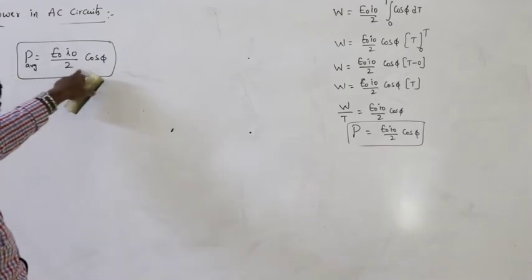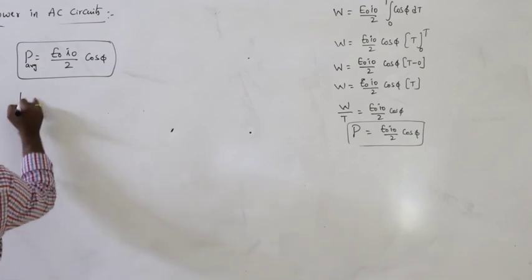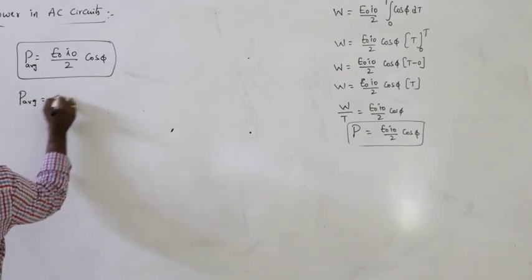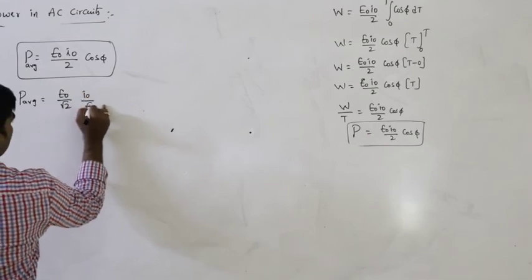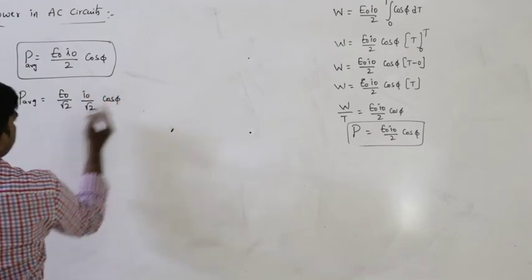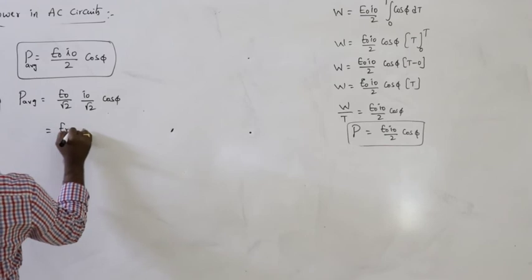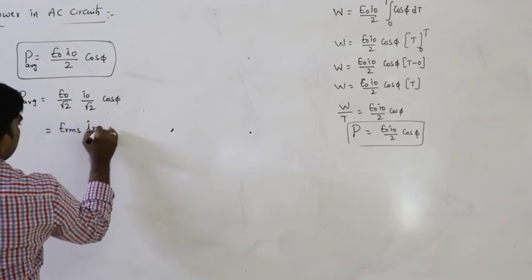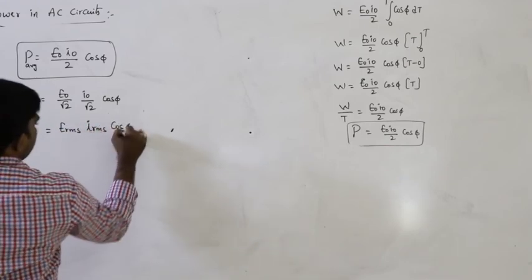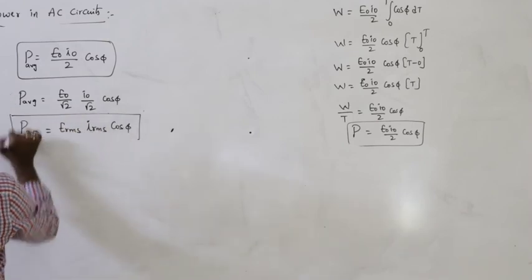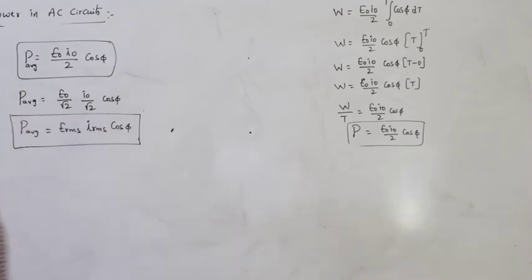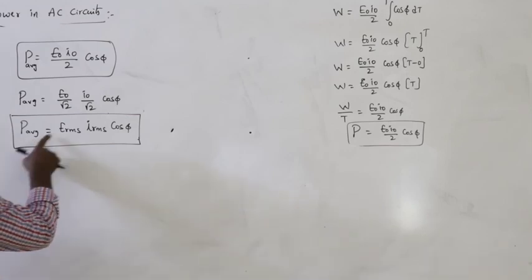So E naught I naught by 2 cos phi, or this can also be written as E naught by root 2 into I naught by root 2 into cos phi. So E naught by root 2 is ERMS, I RMS cos phi. So average power can be written as E naught by root 2, I naught by root 2 cos phi. This is the average power.